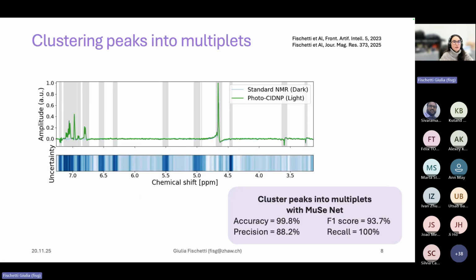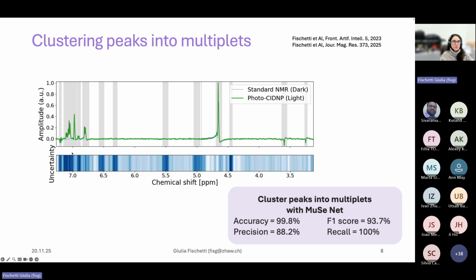After that, we also cluster the individual peaks into multiplets, and for that we are using a deep learning framework called MuseNet that I developed in the past years.